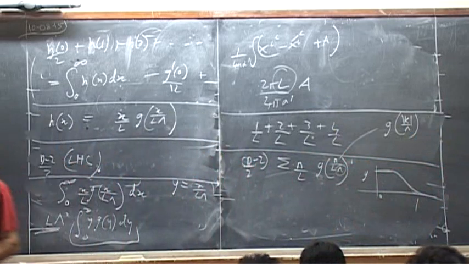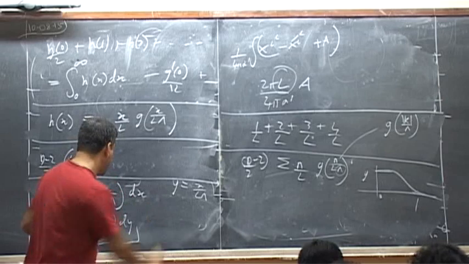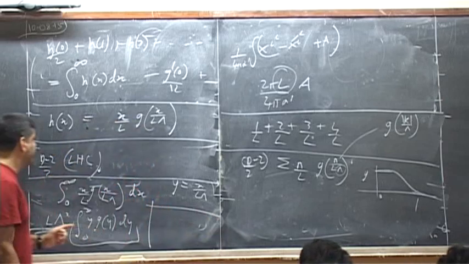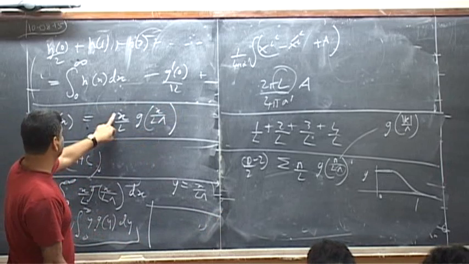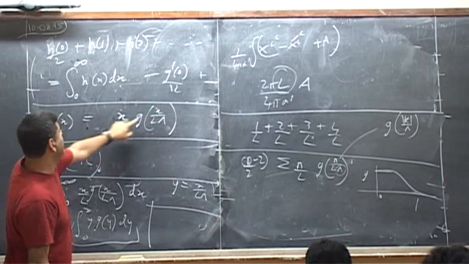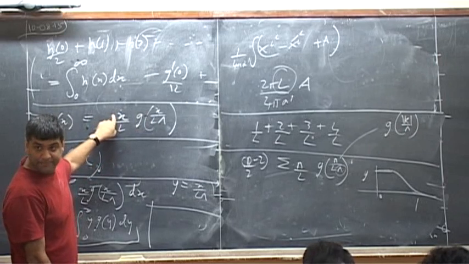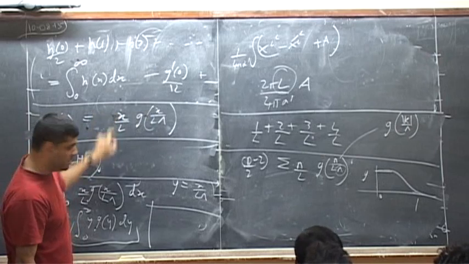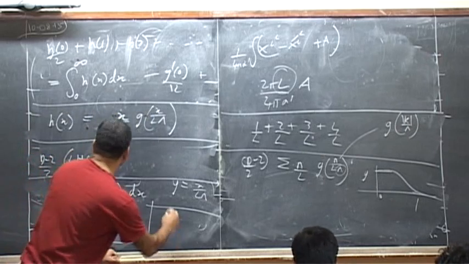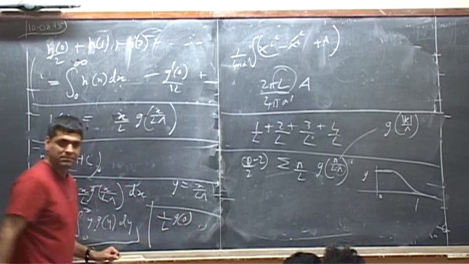Now let's evaluate the next term. We have to take the first derivative of this h. The derivative could either hit this factor or this one, but it's evaluated at 0, so unless it hits this one, we get 0. So we get 1 by L times g of 0.